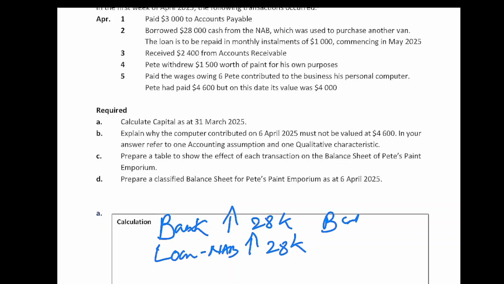Very good. Bank then, I'll write in a different color, decreases 28k. Any other item affected after that? Vehicle. Vehicle, what happens? Increase. It's a van, so remember it's a van.